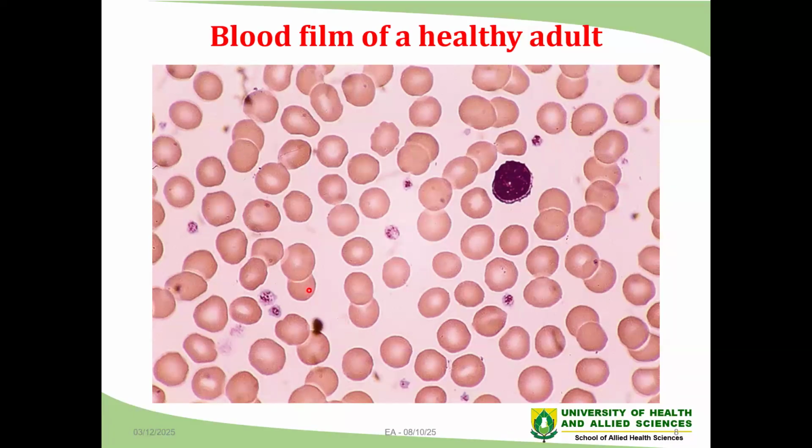Usually when it comes to the size of the red cell, if we want to have an idea what the normal size is, we look out for a small lymphocyte. We look at the size of the nucleus of a small lymphocyte, and we assume that for that individual, the normal size red cell should be as large as the nucleus of a small lymphocyte.